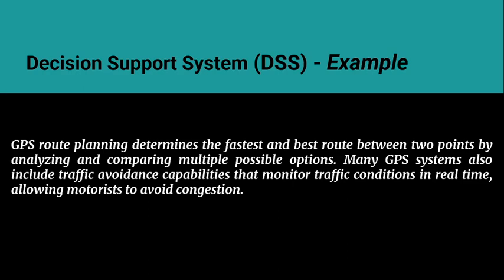Means it will start collecting the data on a real time basis. Based on those collected data, it will analyze it, it will compare it with multiple possibilities and it will come up with the decision that if you follow this route, it may be a less congested one.